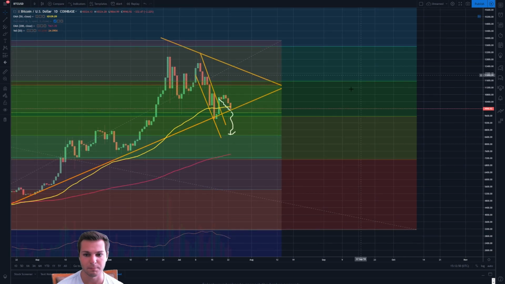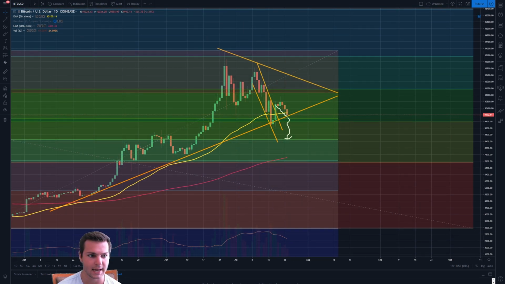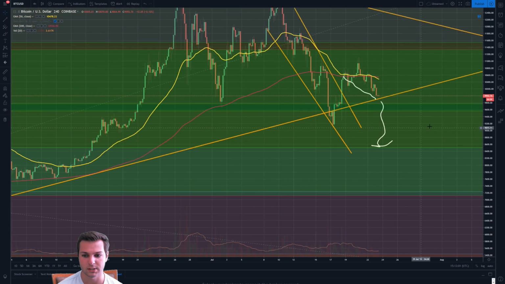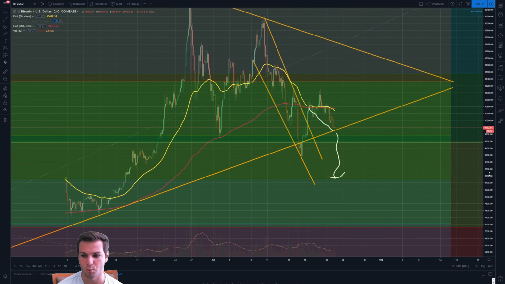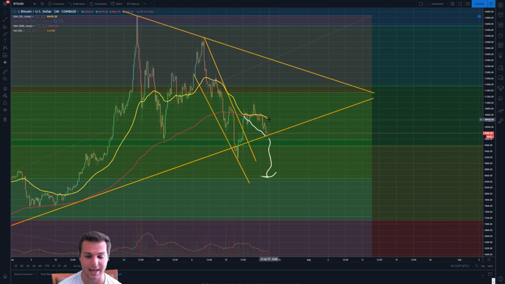So the way that I'm actually playing this is that if the EMAs do end up breaking and start moving towards the downside, these are really the things that I'm watching. There's 2 things that I want to make sure that everyone gets out of this, and that is that I am watching the EMAs more so than anything else.